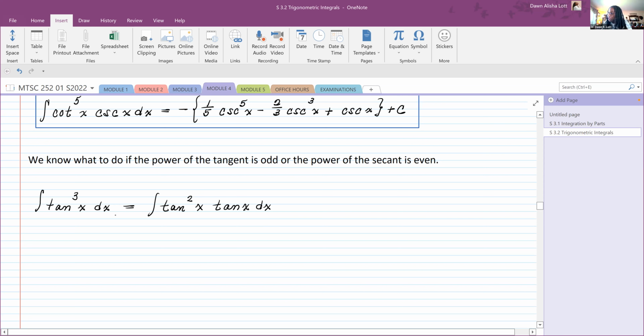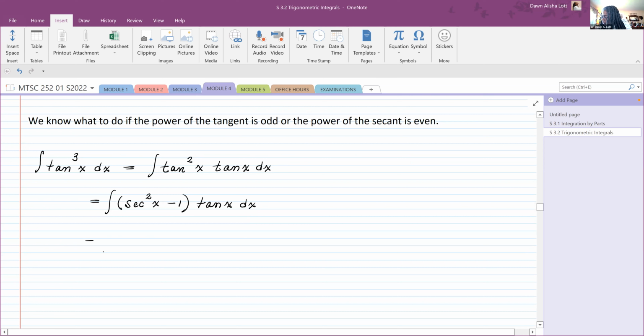So in the place of tangent squared, I'm going to put secant squared of x minus 1, times the tangent of x dx. Now this becomes the integral of the secant squared of x tangent of x dx, which is an easy one to do, minus the integral of the tangent of x dx.